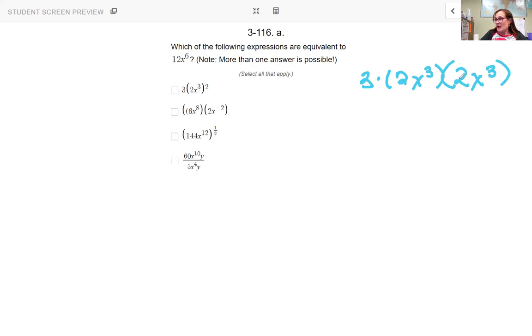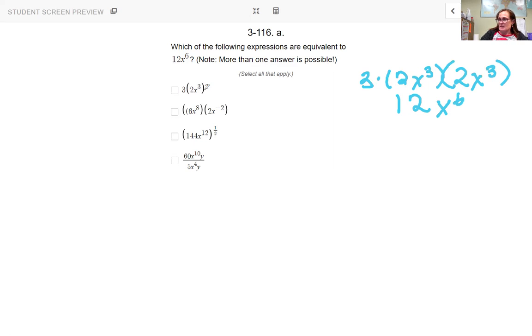Now we're ready to combine all of our things. 2 times 2 is 4. 4 times 3 is 12. X cubed times x cubed, we've got 3 here and 3 here, that's x to the 6th.